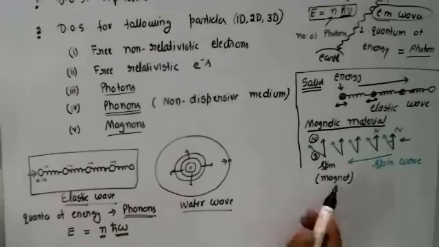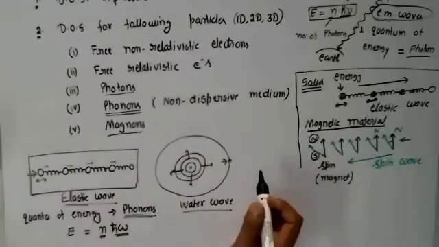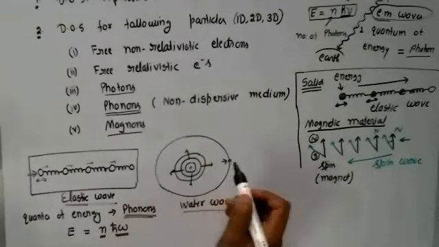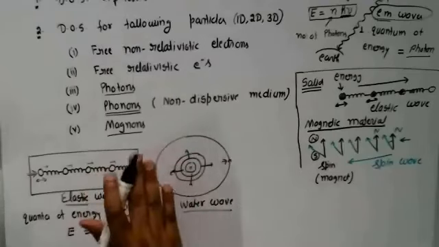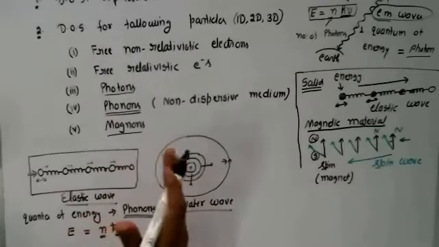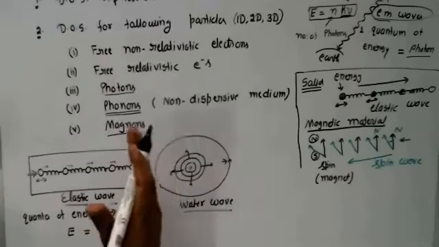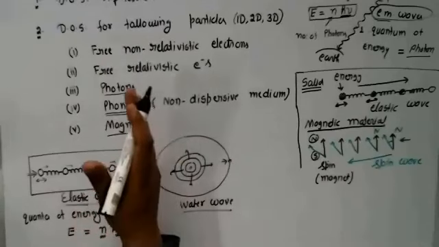To take some other example, you can think about the case of plasma. In the plasma also you can disturb the plasma. The plasma is going to oscillate, and this is going to create a wave called a plasma wave.